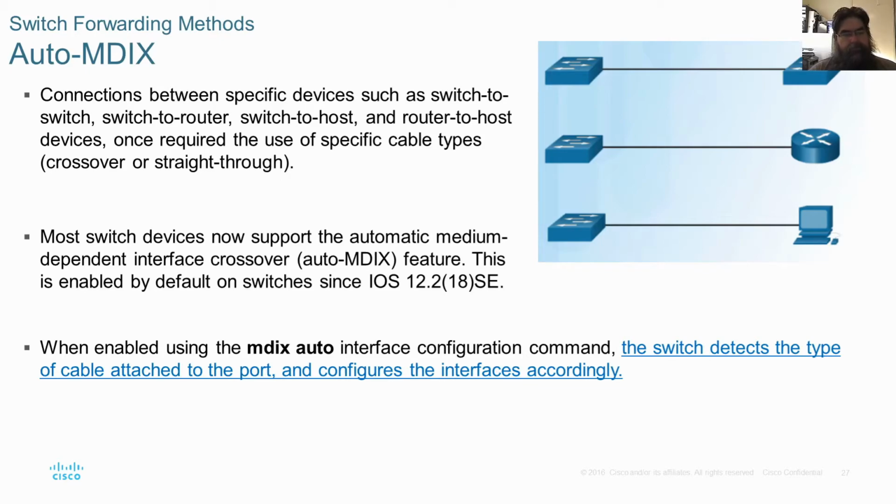So we can still get duplex mismatches and so forth, even with MDIX being used, and this will cause the interface to flap, which is go up and down, and you fix that by setting one end to whichever mode needs to be used, whether it's full or half duplex.